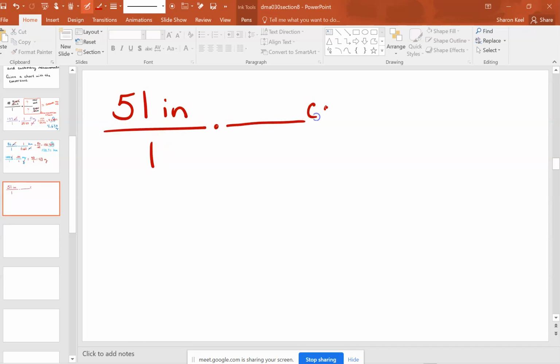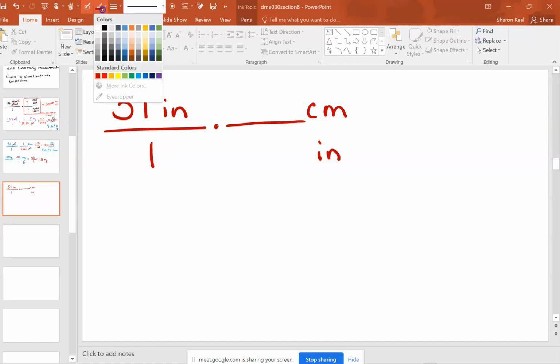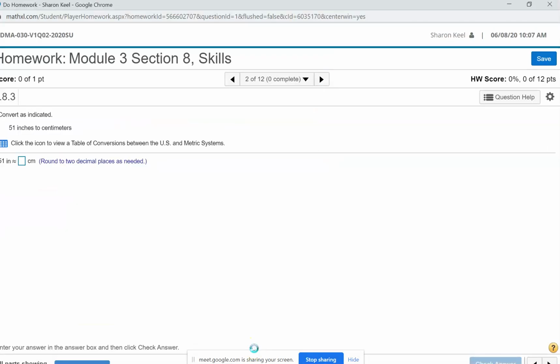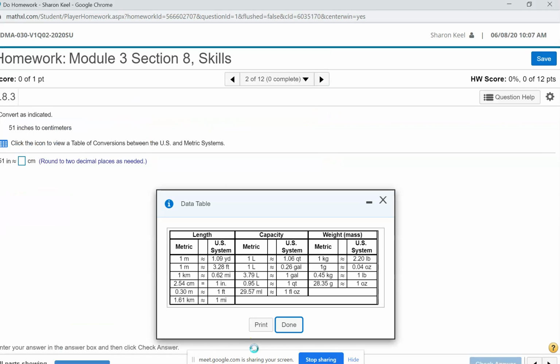We're going to convert to centimeters. Put our given unit, inches, on the bottom. We're going to look at the conversion chart. Pull that up, and we're looking for inches to centimeters. That's length. So my inches and centimeters is right here. 2.54 centimeters is 1 inch.